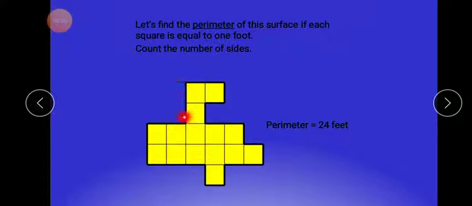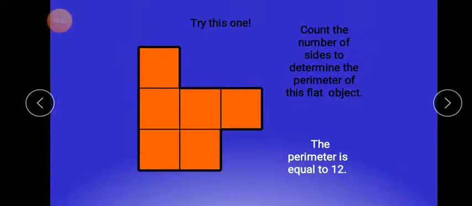So the total length of the boundary will be the perimeter. So here after addition we are getting the perimeter as 24 feet. Why feet? Because it is given that the side of the square is 1 foot. The plural form of foot is feet. So perimeter is 24 feet.